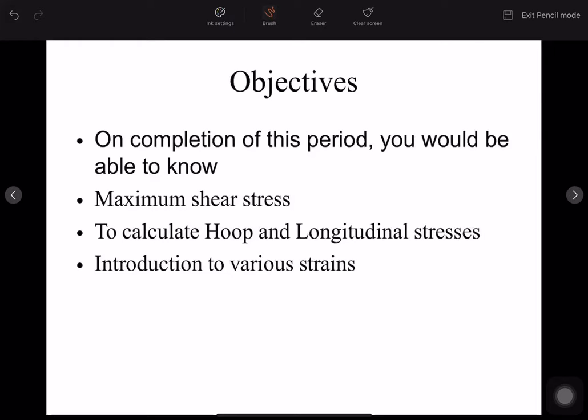On completion of this tutorial, you would be able to know what is meant by maximum shear stress and how to calculate the hoop stress, which is nothing but circumferential stress, and longitudinal stresses. After that, we'll have an introduction to the various types of strains which will be developing in the cylinder.